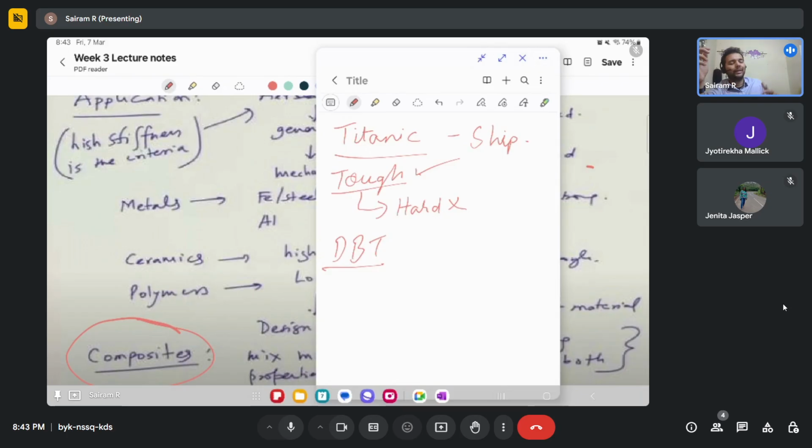So the moment it came into contact with the iceberg, it broke. It shredded into pieces. There was a huge tear in the hull. A lot of these things happen. So when we need a new material for ships, we should make sure that it does not undergo DBTT. It should not occur.